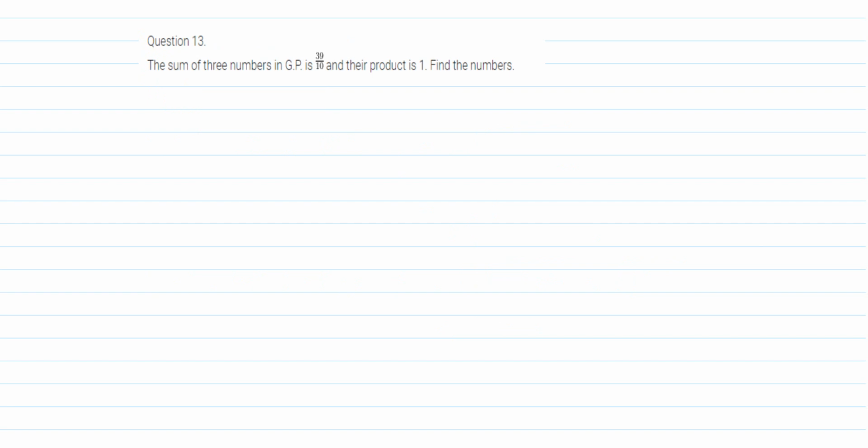Okay, so the sum of three numbers in GP is given, and their product is 1. So students, here we won't take the standard form, that is we know that the standard form is A, AR and AR square. Because if we take this series it will be difficult for us to find out. So instead of taking AR and AR square, can I take the preceding term as A upon R?